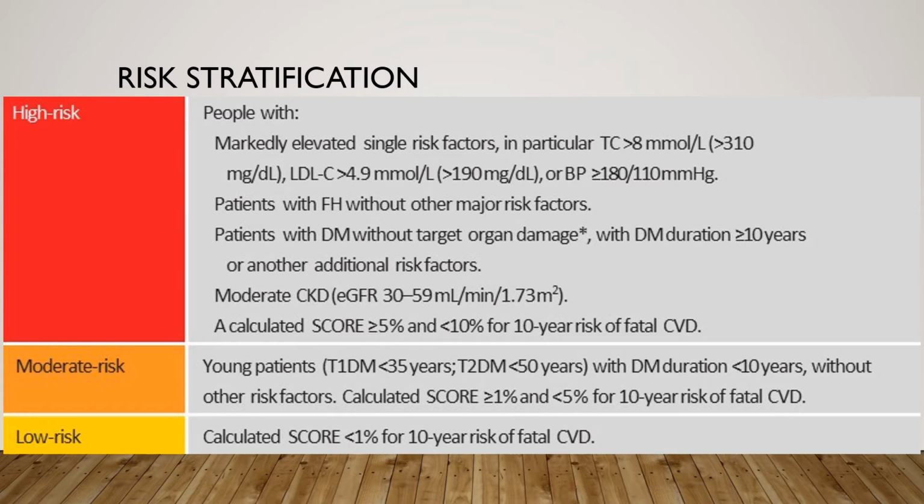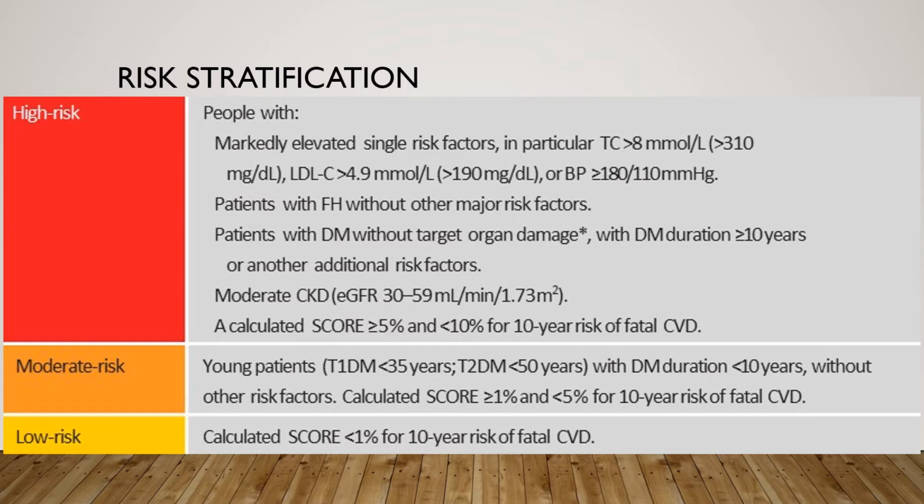Patients at high risk are those with a markedly elevated single risk factor, which may be total cholesterol more than 310, LDL more than 190, or blood pressure more than 180 over 110. Patients with familial hypercholesterolemia without other major risk factors. If the patient has familial hypercholesterolemia with other major risk factors, he is considered very high risk.